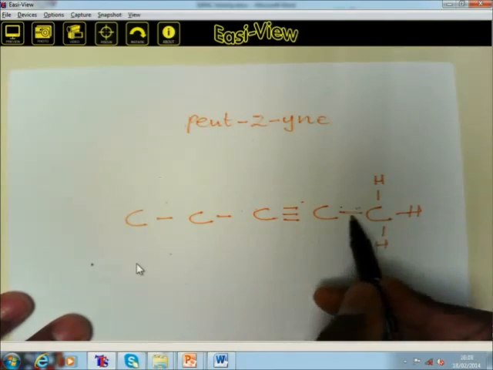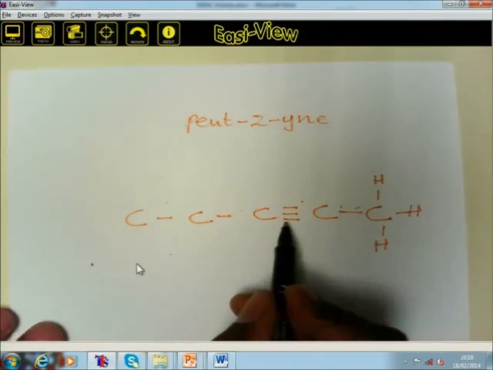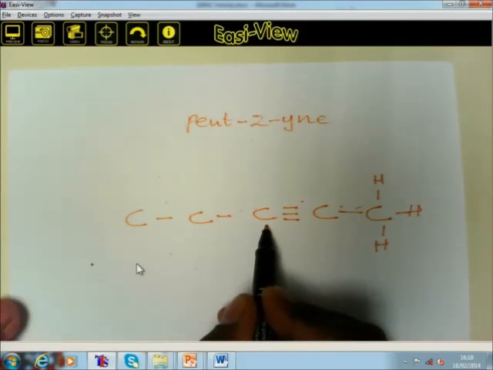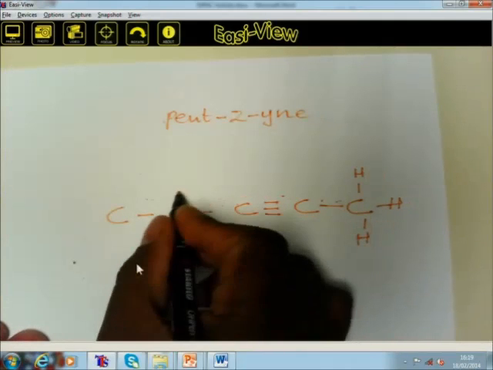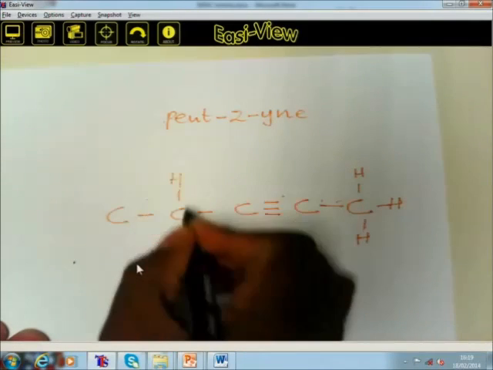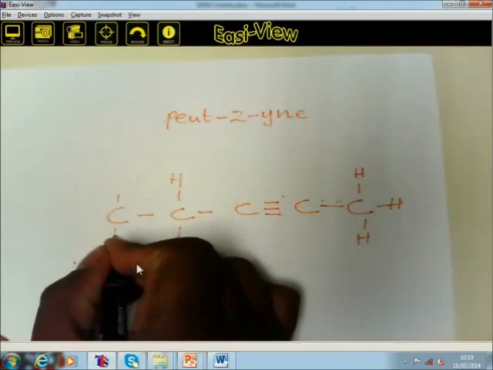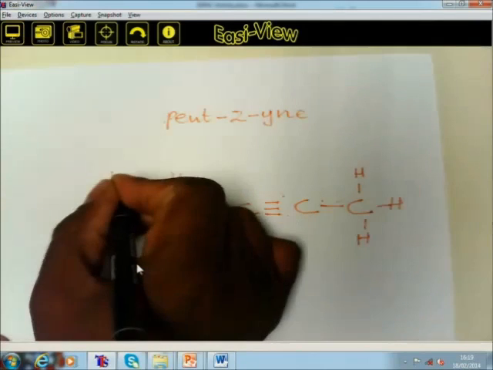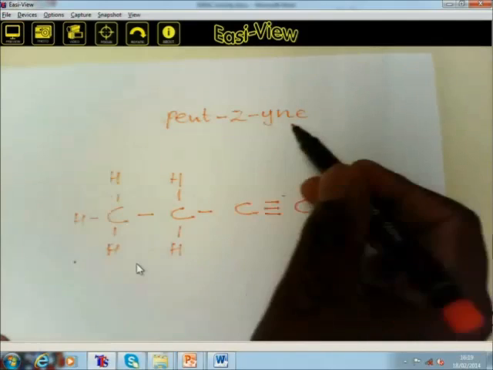So I don't need a hydrogen for this one because already it has 4 bonds. And this one, I've got 1, 2, 3, 4 bonds. And for this carbon, I don't need to have hydrogen because there are enough bonds. And then this one will have 2 hydrogens. That one will have 1, 2, 3 hydrogens. So this is the correct structure for pent-2-ine.